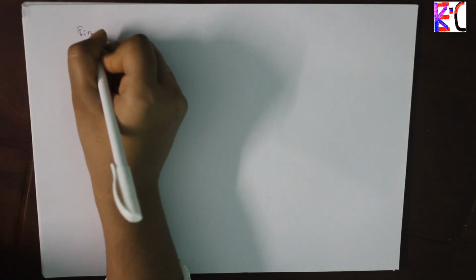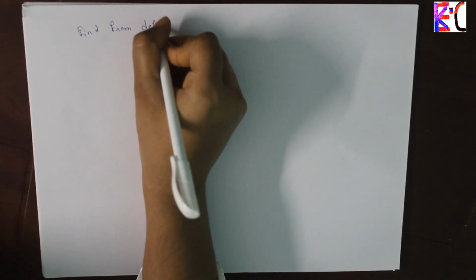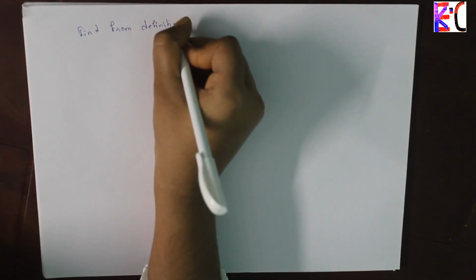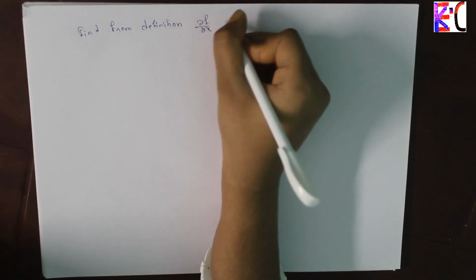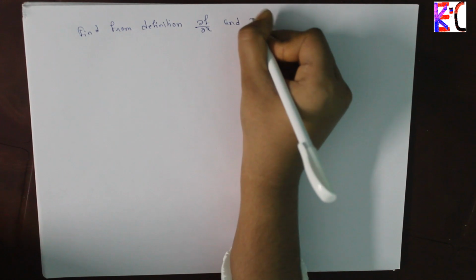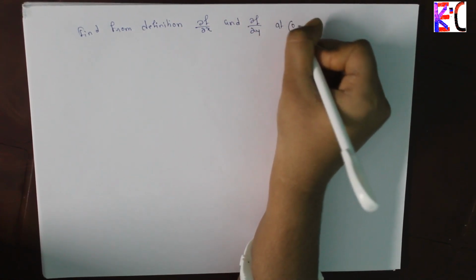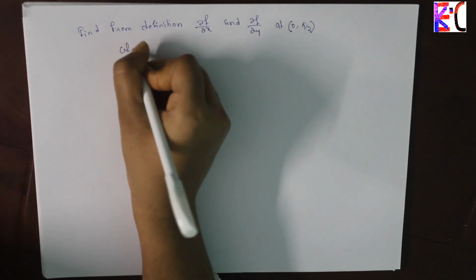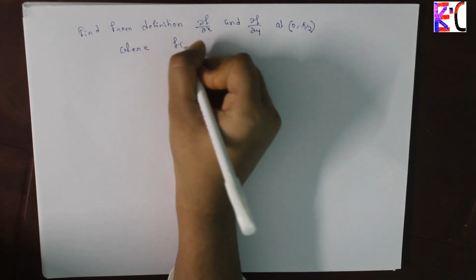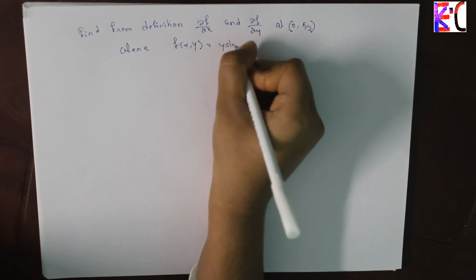Take one example. Find from the definition del f del x and del f del y at 0, pi by 2, where the function is f of x, y equal to y sin x.